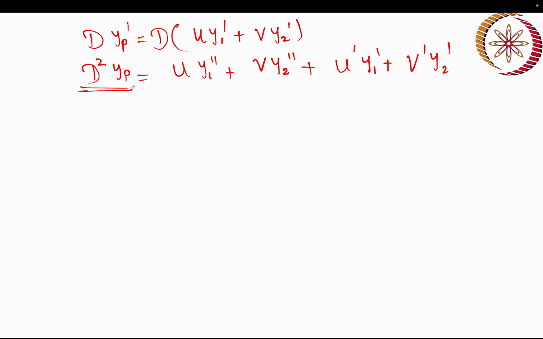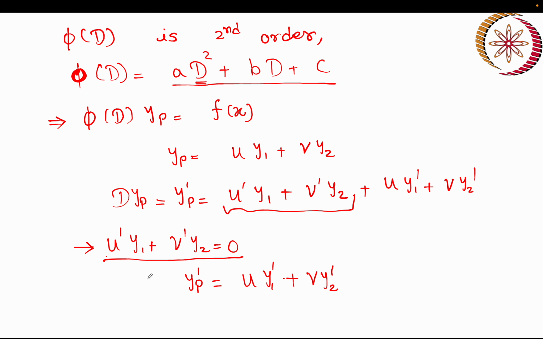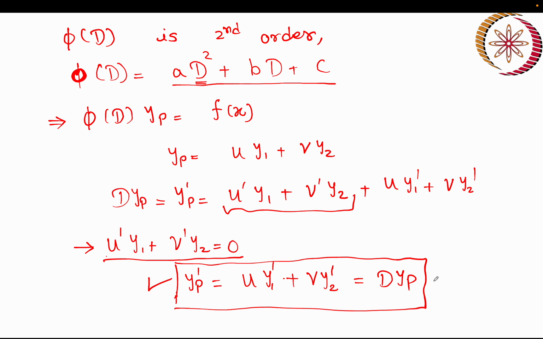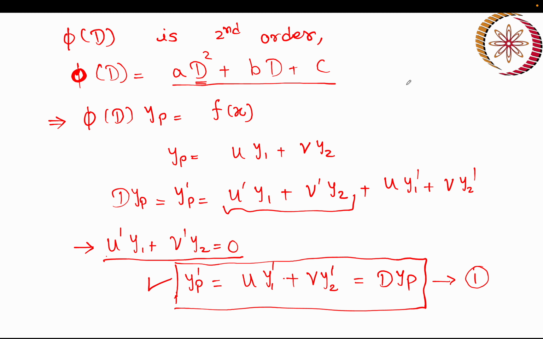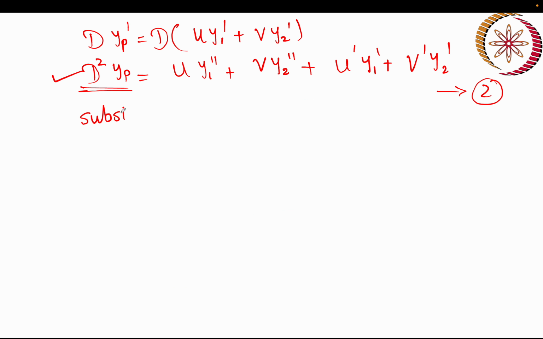Let's call this 1 and this 2, and we will substitute 1 and 2 into the star equation.